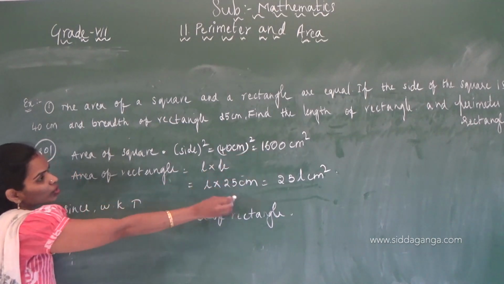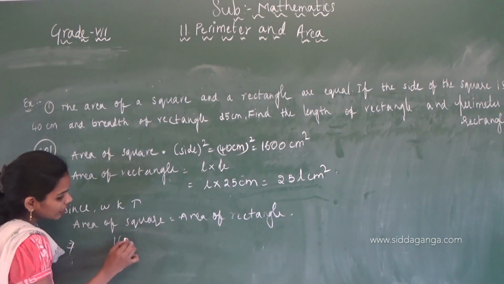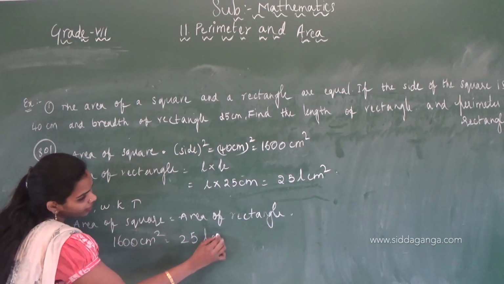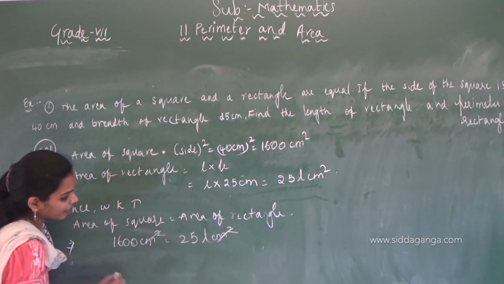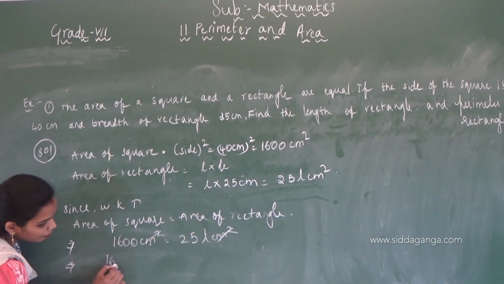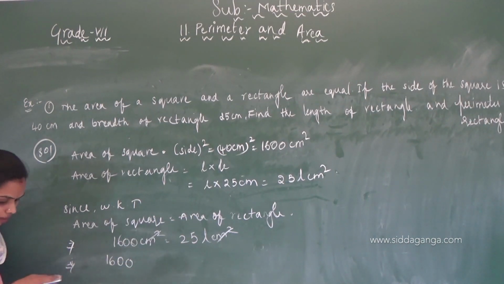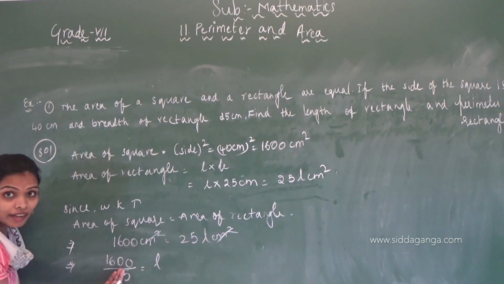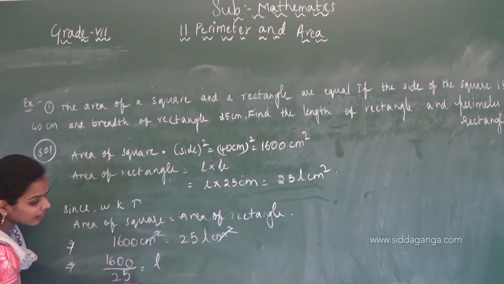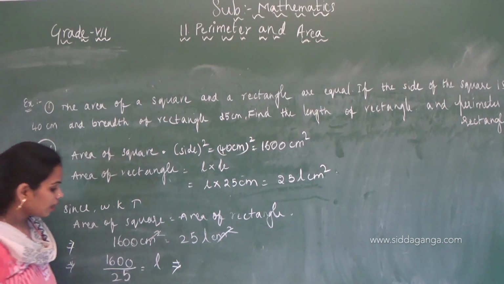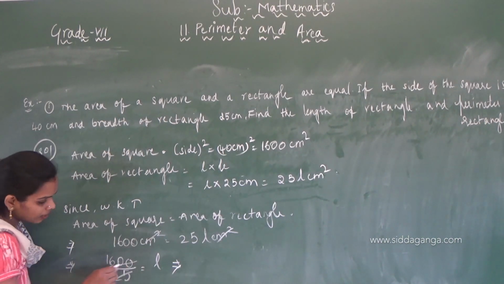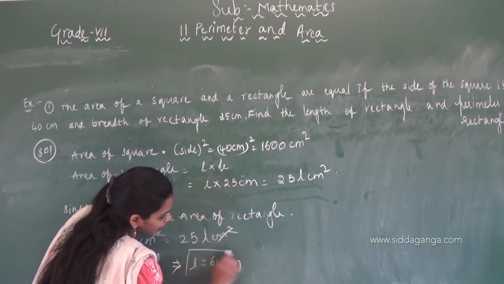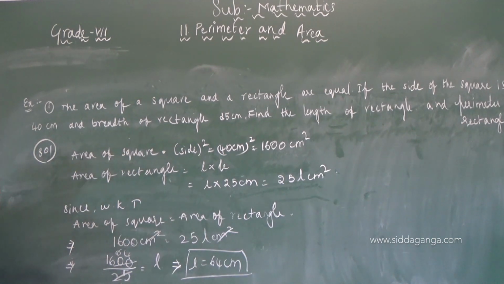Therefore, 1600 square centimeters equals 25 L square centimeters. If 25 is multiplied on the RHS, when it comes to this side it becomes division. 1600 divided by 25 is 64, so L equals 64 centimeters.